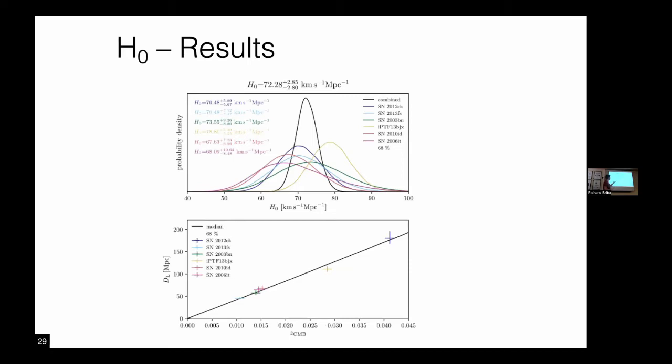And so this is the result for these few literature supernovae. The individual supernovae gave a Hubble constant somewhere between 67 and 78. If you combine them, you arrive somewhere at 72, plus minus.